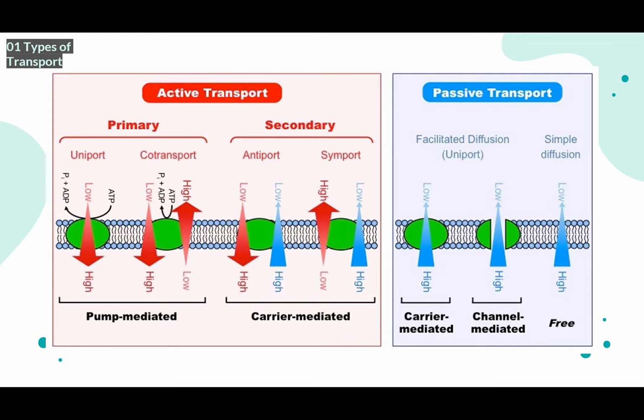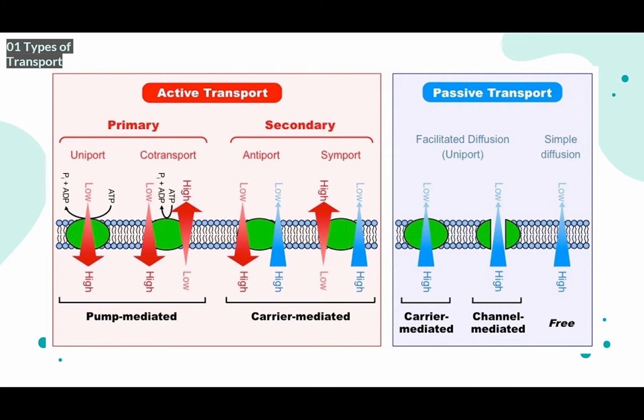Then we also have passive transport, that does not require energy and is along the concentration gradient, whereas active transport is against the concentration gradient and makes direct use of metabolic energy.